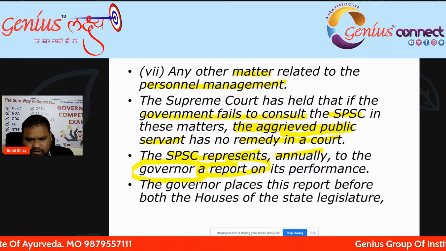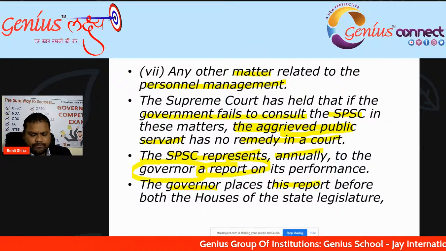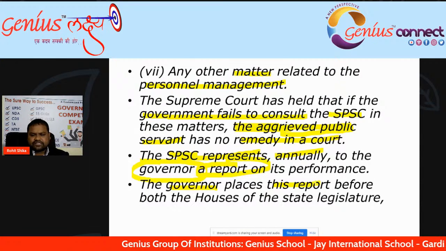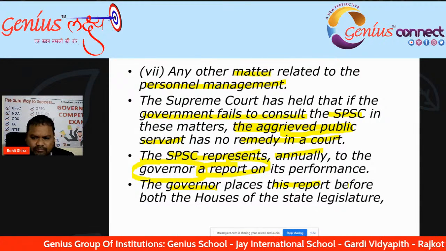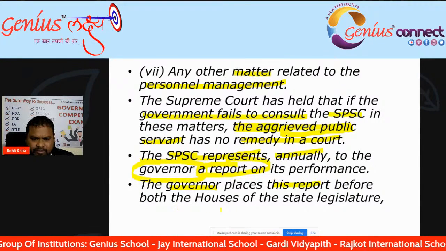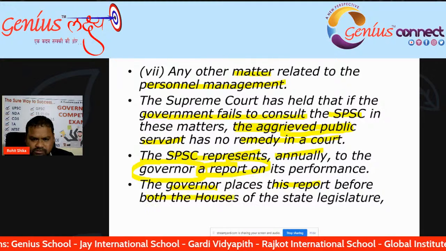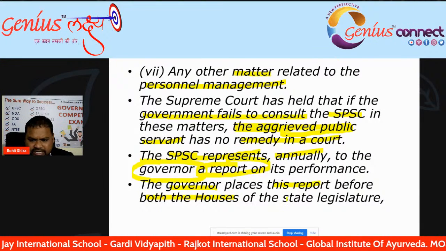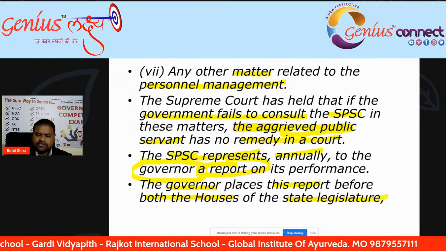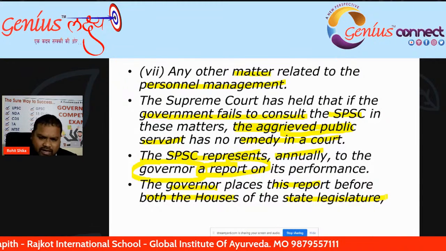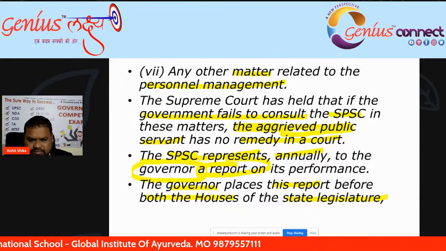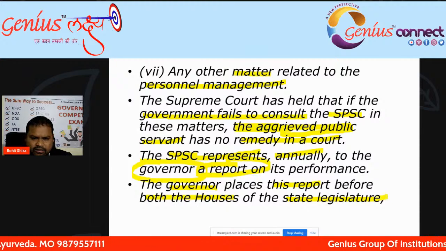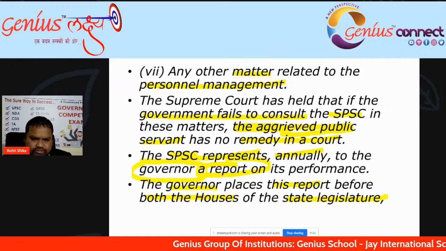And the governor places this annual report prepared by the State Public Service Commission before the houses of state legislature, the Vidhan Sabha or Vidhan Parishad or both.